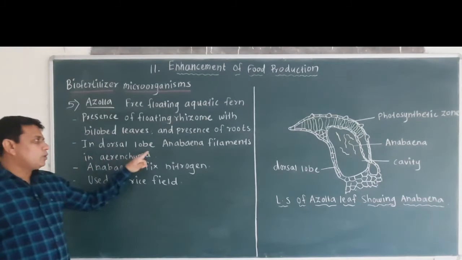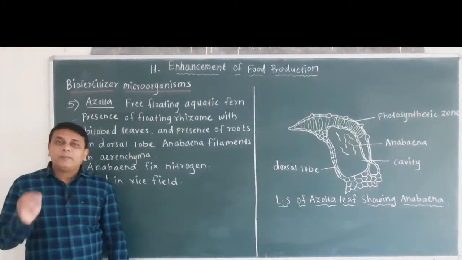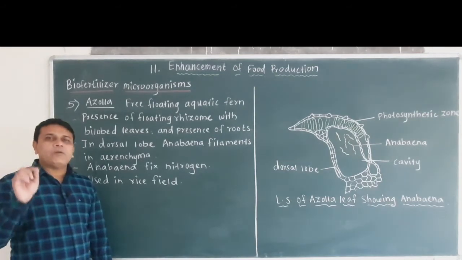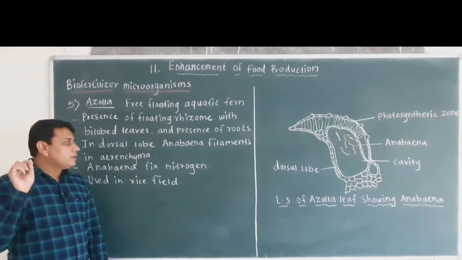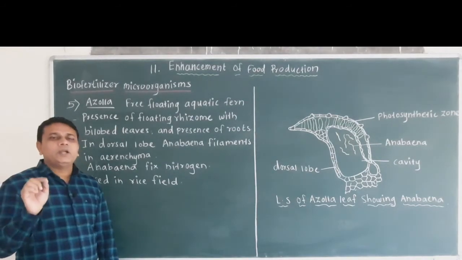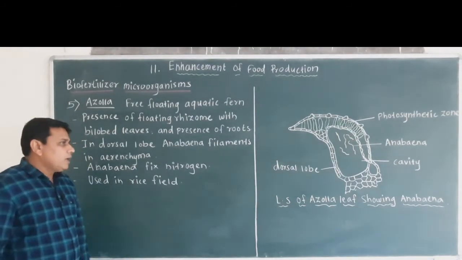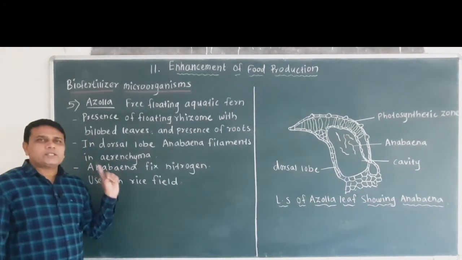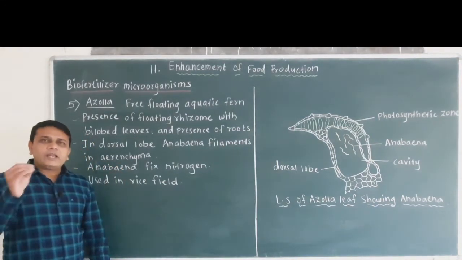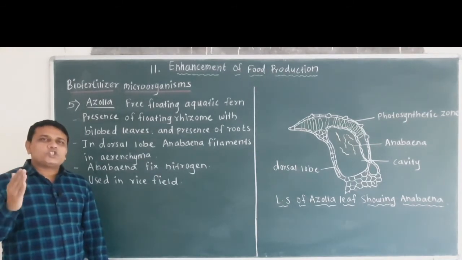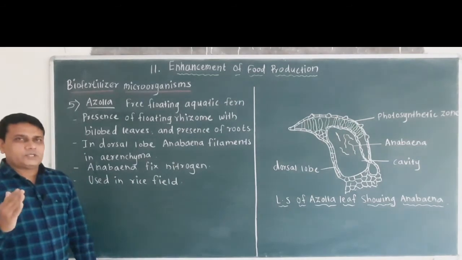So in the dorsal lobe, Anabaena filaments are present in a cavity, and the parenchyma tissue produces a cavity called the air cavity, and in this air cavity the Anabaena filaments are present, and these Anabaena filaments can carry out the process of nitrogen fixation.